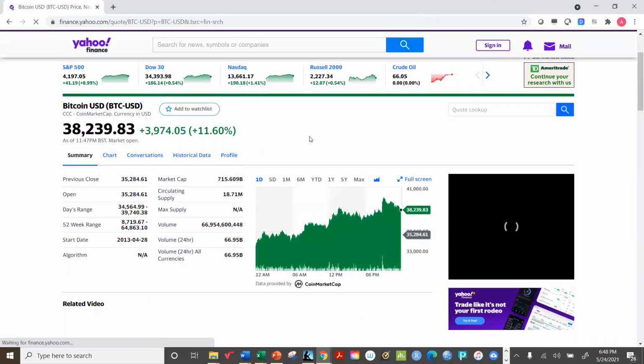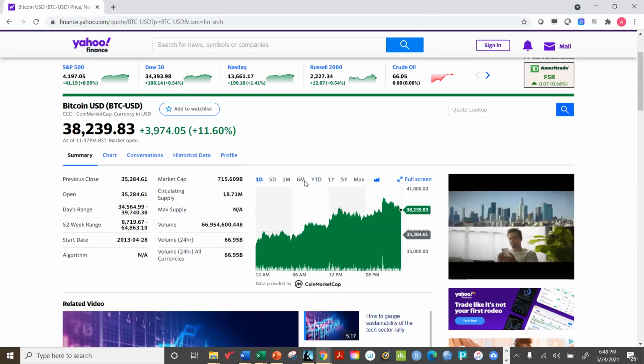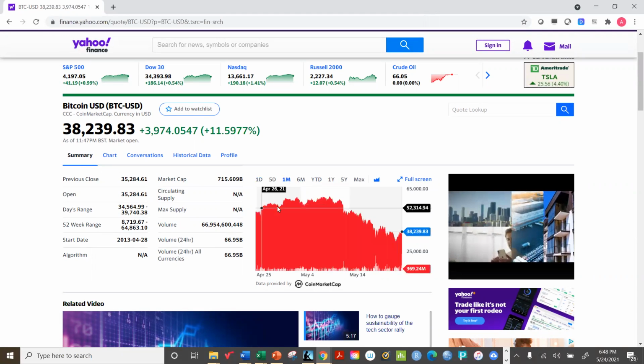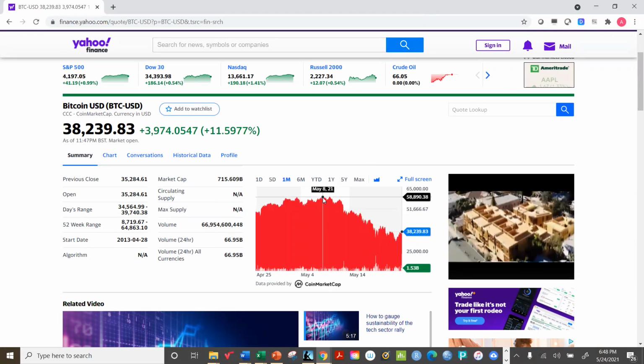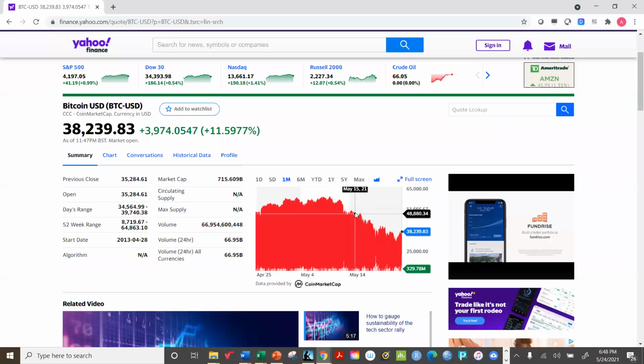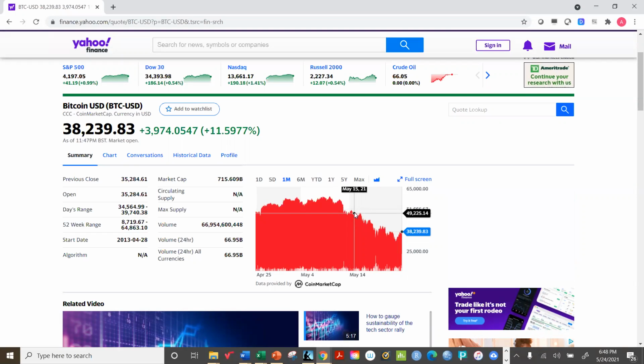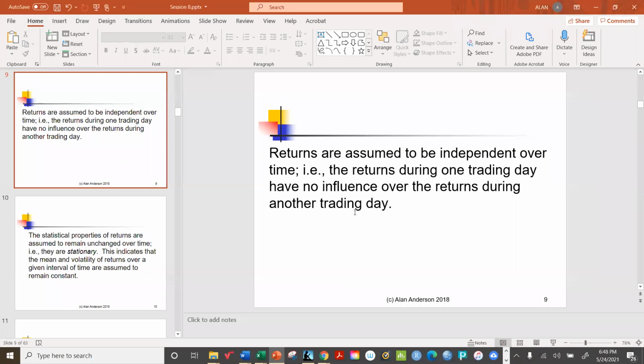Look at this thing. Two weeks ago, it was selling for over $50,000, I think. Yeah, look at that. Whoa, 60,000. So it would be pretty unrealistic to assume that these returns are independent of each other. It's pretty clear that something's going on. But over short time frames, it's not a horrific assumption, but it is a problem.